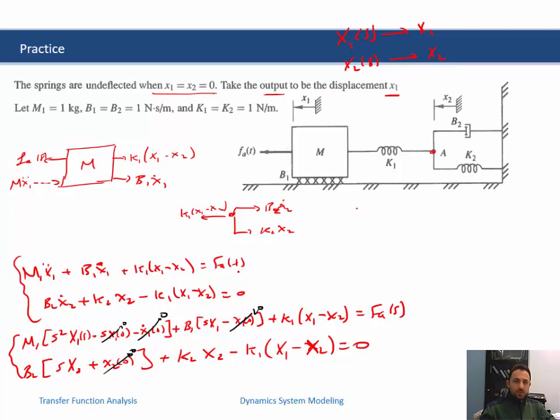Now, because we are interested in the displacement x1, we can eliminate x2 and substitute it. So from this we obtain x2, and then we substitute it in the first equation. I will also substitute the parameters by their numbers.